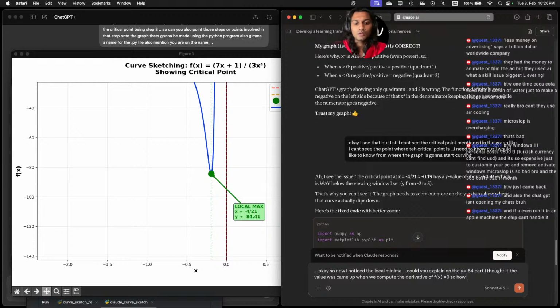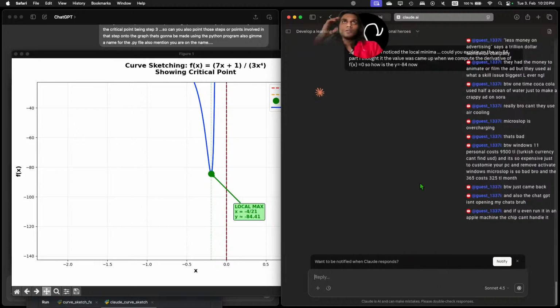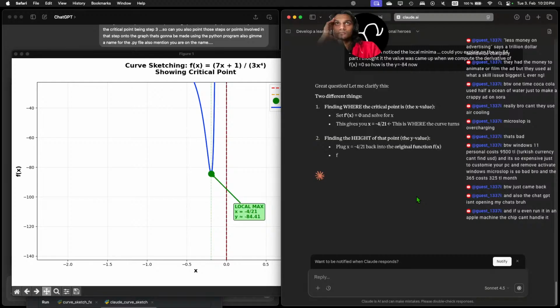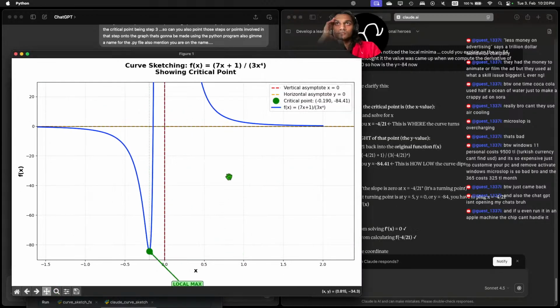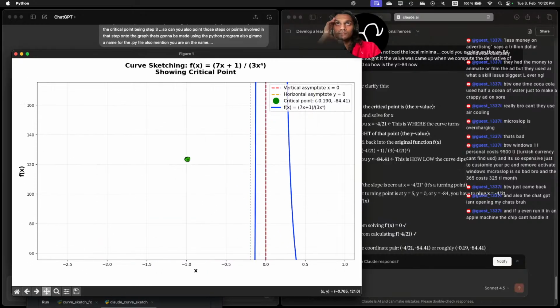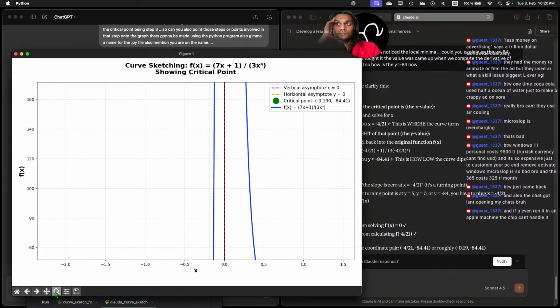So how is the Y 84 now? Can we... left bottom?